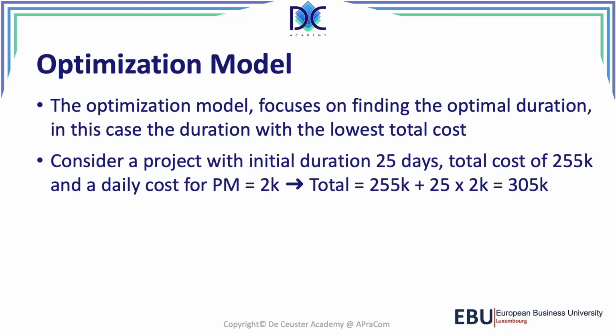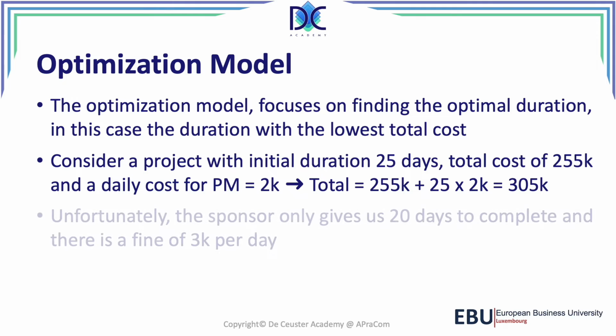Now consider a project with an initial duration of 25 days, a total cost of 255K, and a daily cost for the project management of 2K, which gives us a total of 255K plus 25 times 2K, so the 25 days of project management, which is another 50K, which gives us a total of 305K to complete the project.